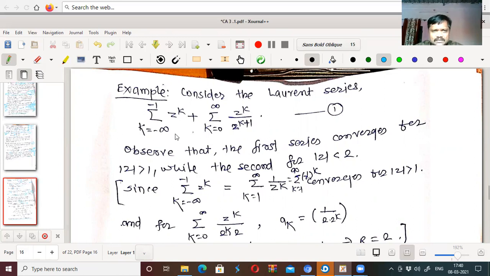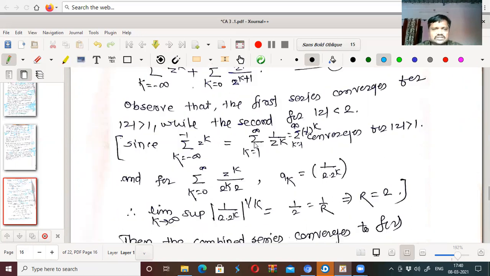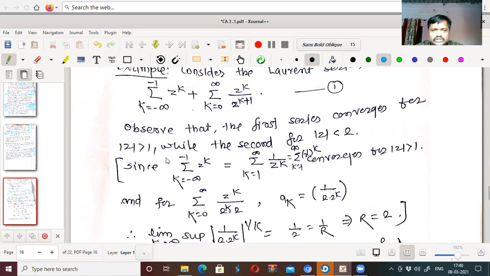Now what about here? Negative powers of z are here, and positive powers of z are here. So observe that the first series converges for mod z greater than 1. We know this because this is your 1 by z series, it is 1 by z, while the second is for mod z less than 2. Why can we write this?